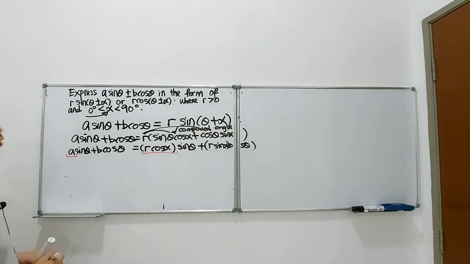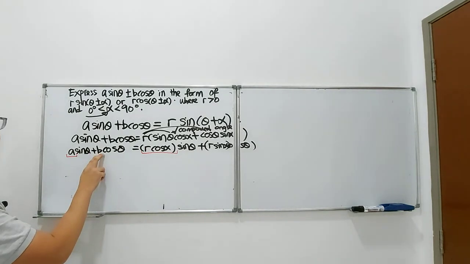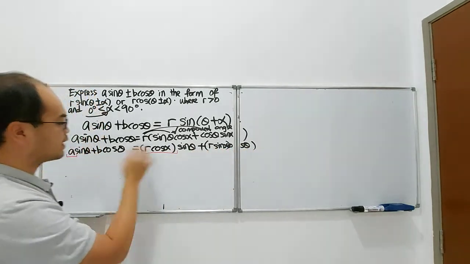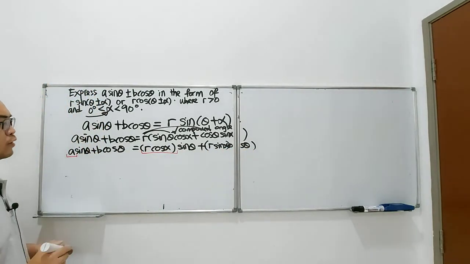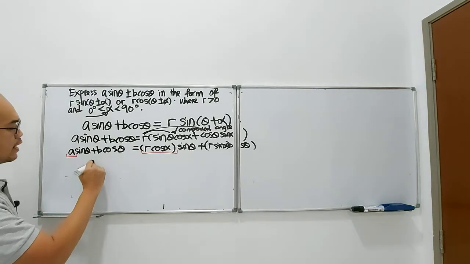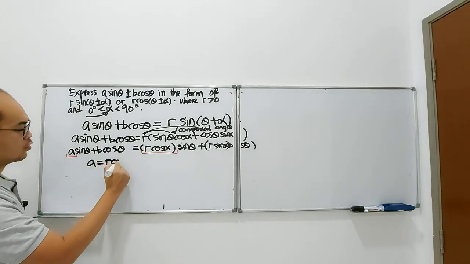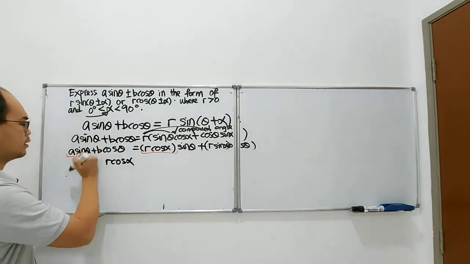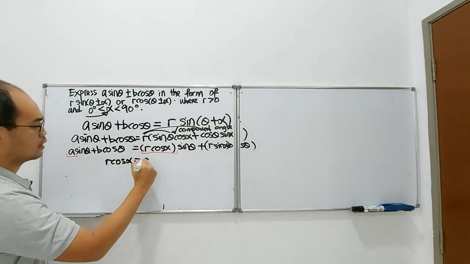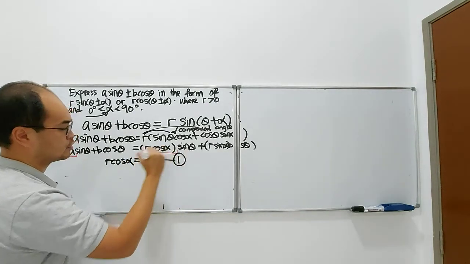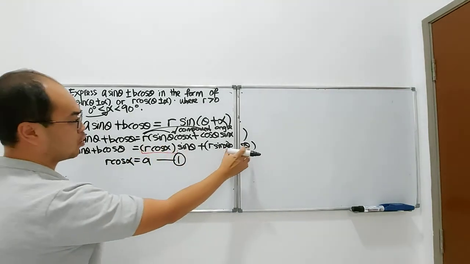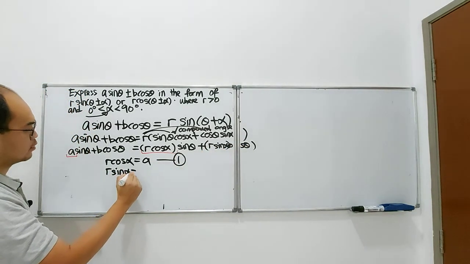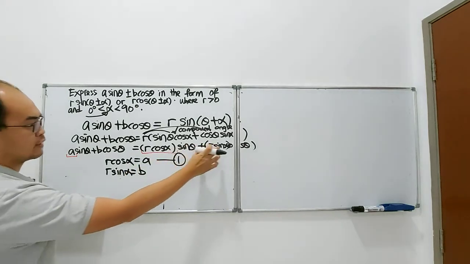The coefficient of cos theta is b, and for cos theta here the coefficient is r sine alpha. So I can say r cos alpha equals a, equation number 1, and r sine alpha equals b.